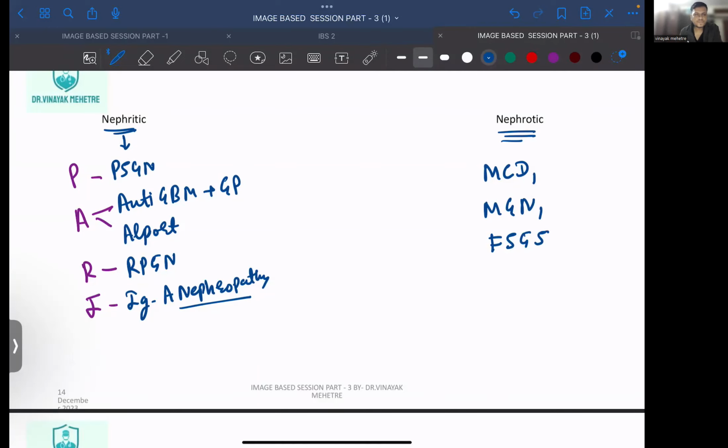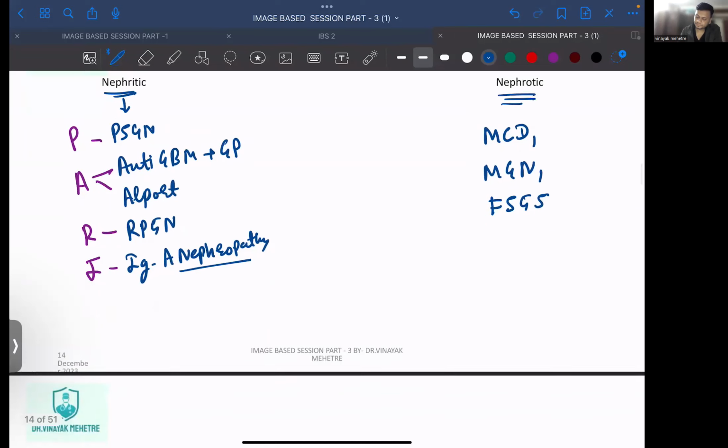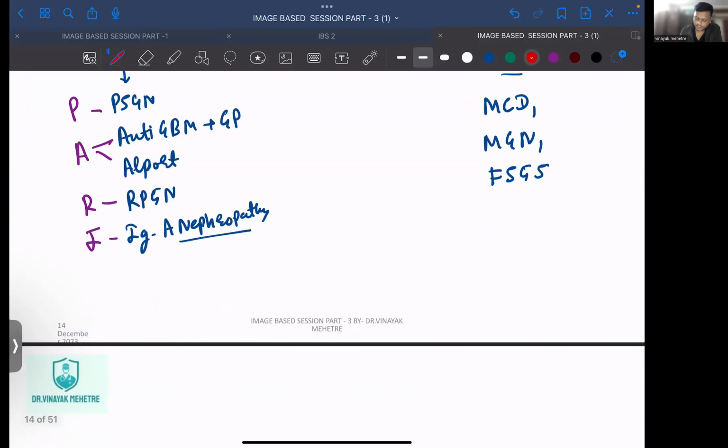Right? And remember this, nephritic and nephrotic both can be seen in which one? It is SLE. Okay, SLE can cause nephritic as well as nephrotic syndrome.